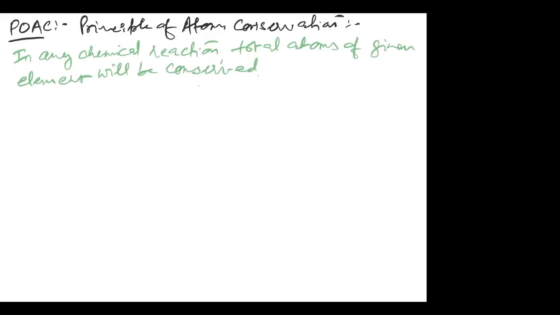Obviously, carbon will remain carbon, nitrogen will remain nitrogen, oxygen will remain oxygen. So in principle, total atoms of a given element during any chemical reaction will remain same. It is practically balancing of redox reaction only.